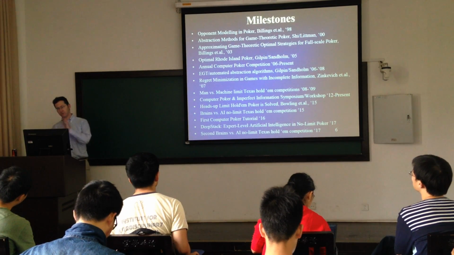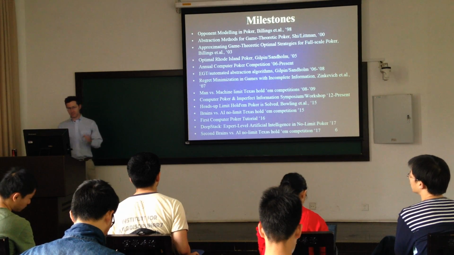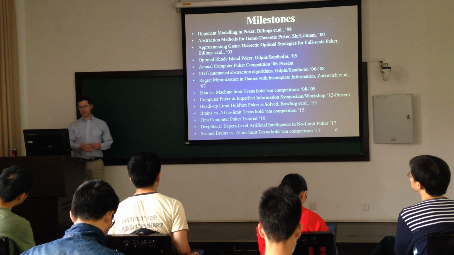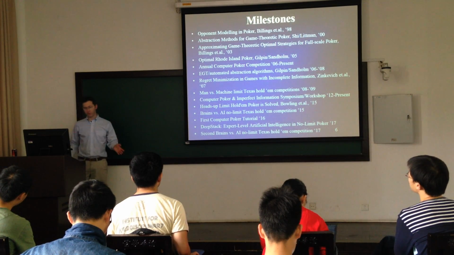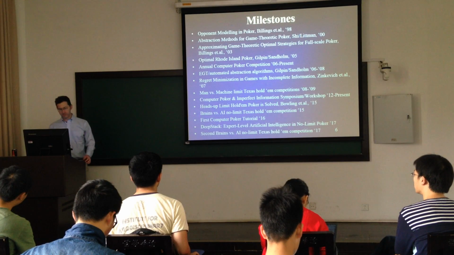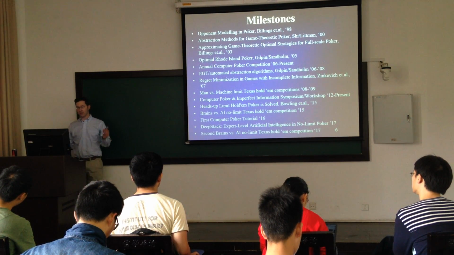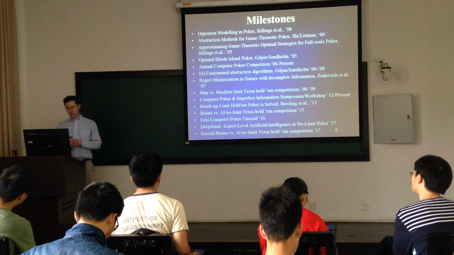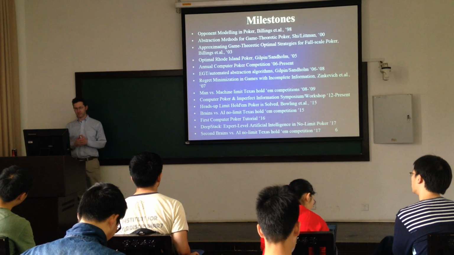In terms of the Nash equilibrium algorithms, I'm not going to get into too much detail into CFR, EGT, a lot of variants, a lot of theory with them. Kevin Waugh presented that in part 2 of the tutorial. Also in part 3, Johannes Heinrich talked about deep learning and some other areas.